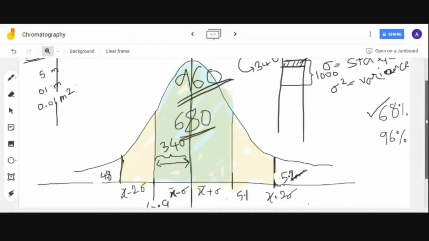If you observe this diagram, the pink part of the area, this part between x minus 2 sigma to x plus 2 sigma, is representing 96% of all the analyte that is being injected.